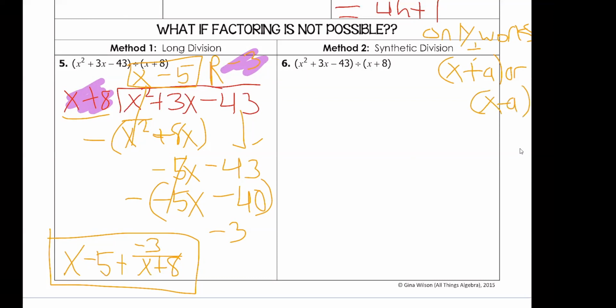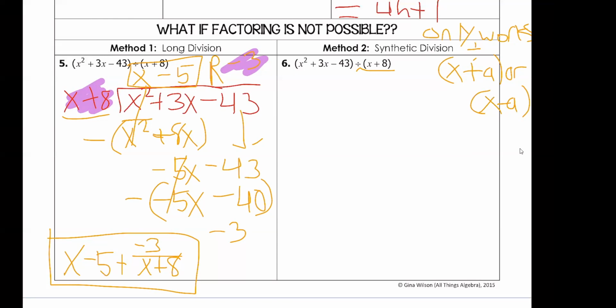For example, if you were dividing by 2x plus 3, you couldn't do synthetic division. Or if you were dividing by a trinomial, not a binomial, you can't do synthetic division. It only works if you're dividing by a binomial. There are ways to get around it, but it works if you don't have a coefficient with your x.